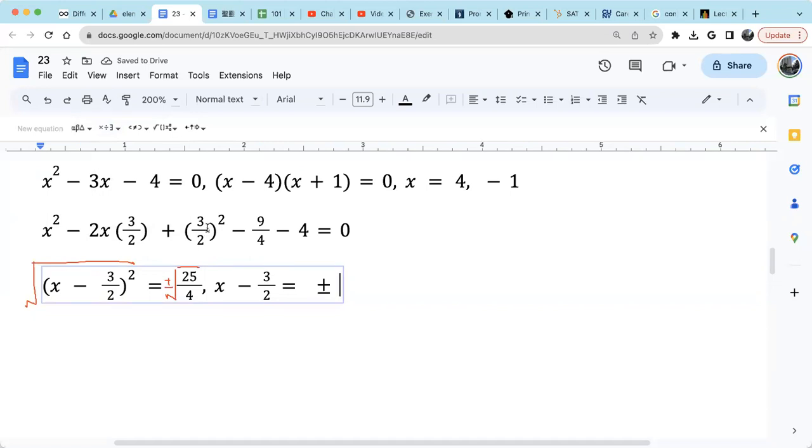And now we know the square root of 25 is 5, and the square root of 4 is 2. So I get x minus 3 over 2 equals plus or minus 5 over 2.